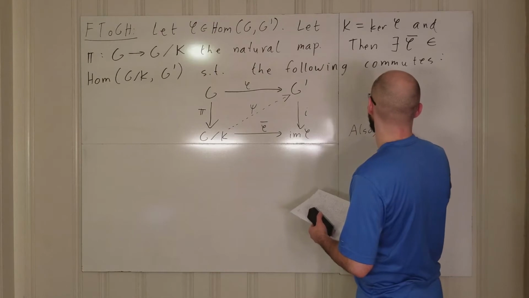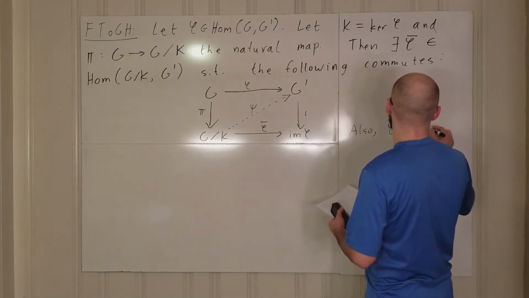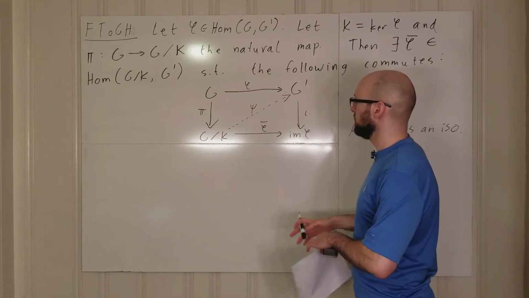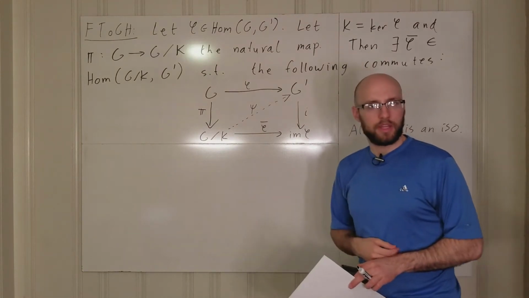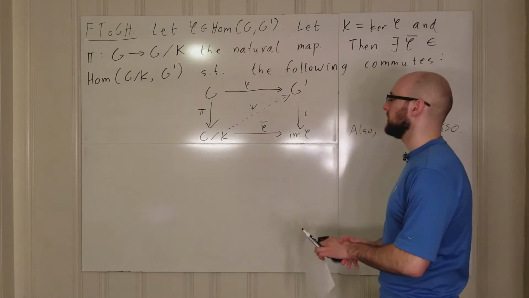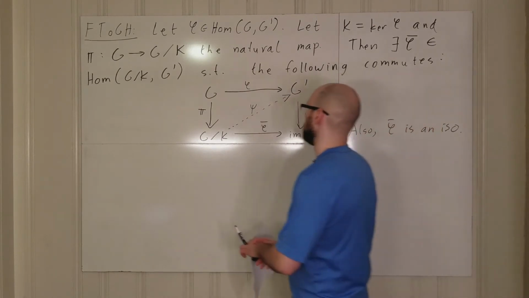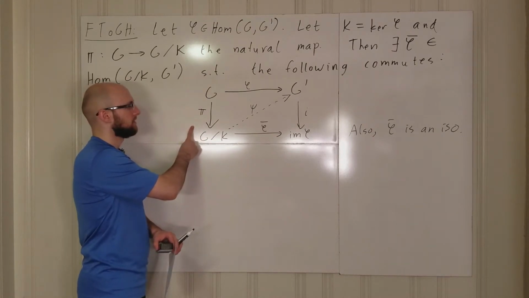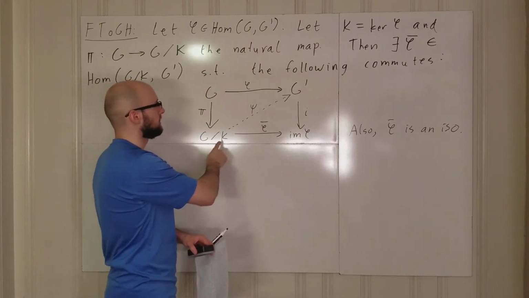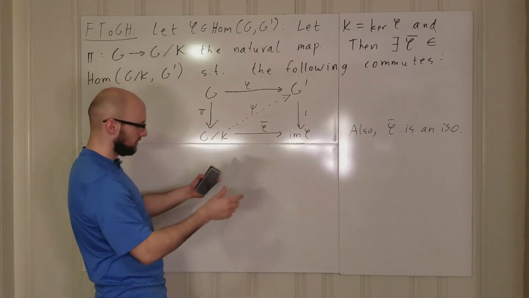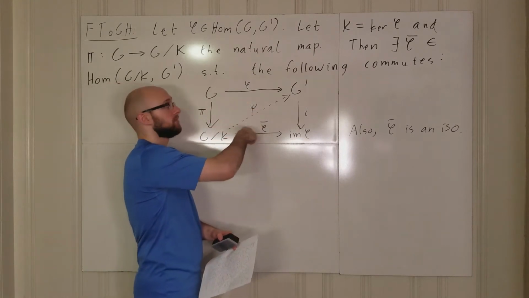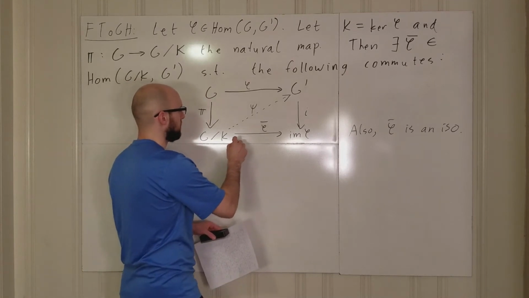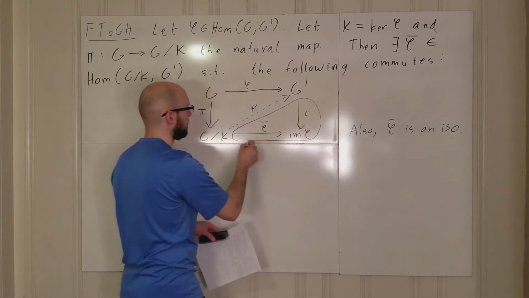Also, phi bar is an isomorphism, and that's really important. Typically the way you might see this is, this projection map is surjective, and you prove that psi is injective. A lot of times you won't see this part here.